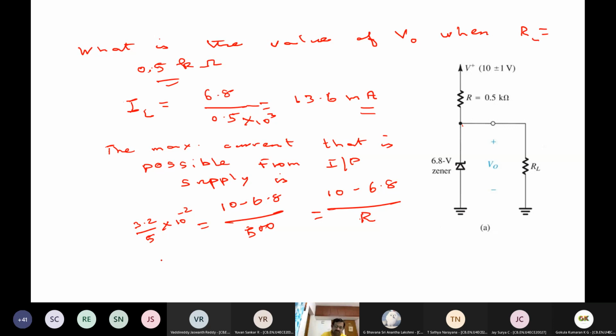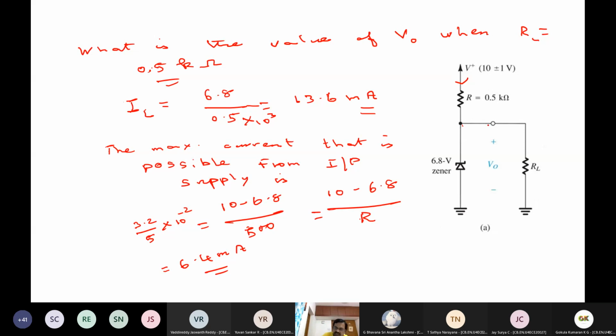You can check it. This will be roughly about 6.4 milliampere. This is the current that is coming here. If you want to take it precisely, you can take 6.35.